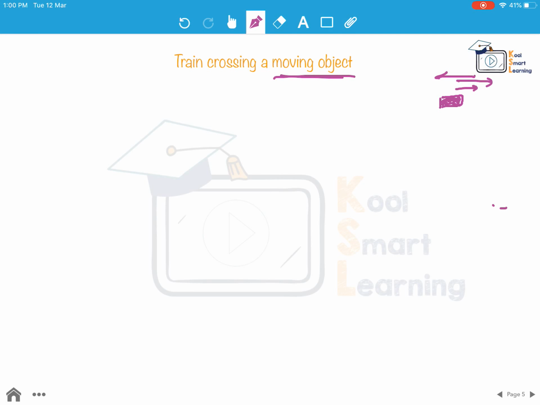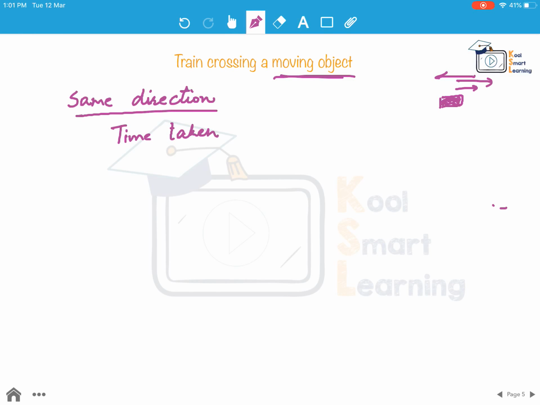So now let's first of all take the case of when the object is moving in the direction which is same as the direction of train. If we take that, what will be the time taken?